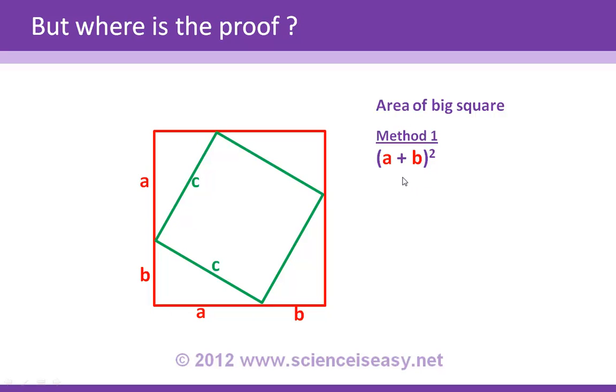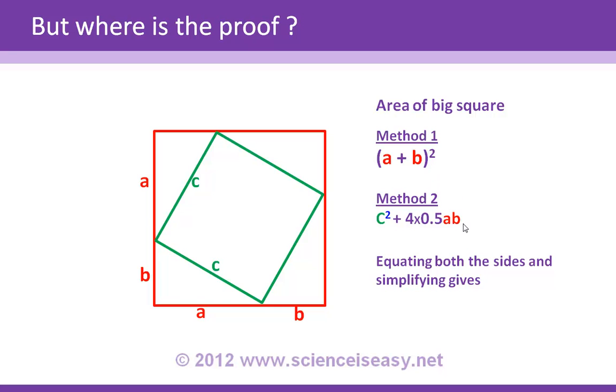Method 2 is summing the area of the small green square plus the 4 triangles left out here. The area of the small square is c square, and the area of a triangle is a times b times 0.5. There are 4 triangles, so 4 times 0.5 times a times b. That's the second method.